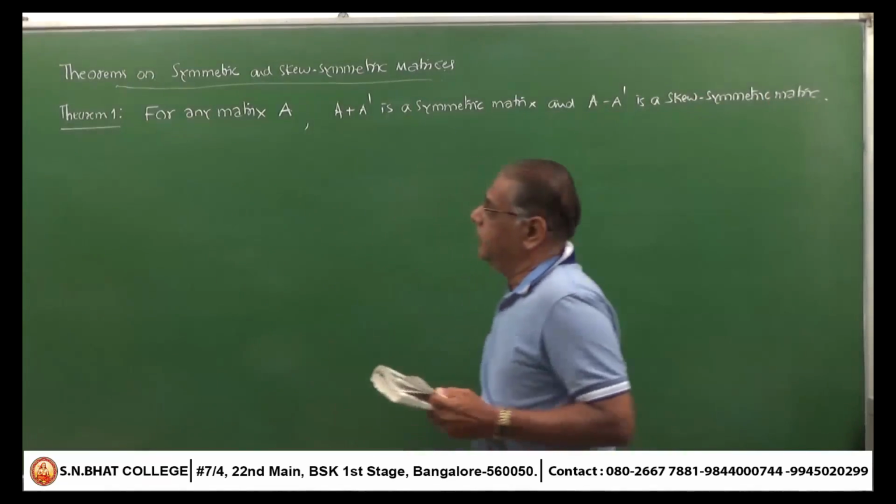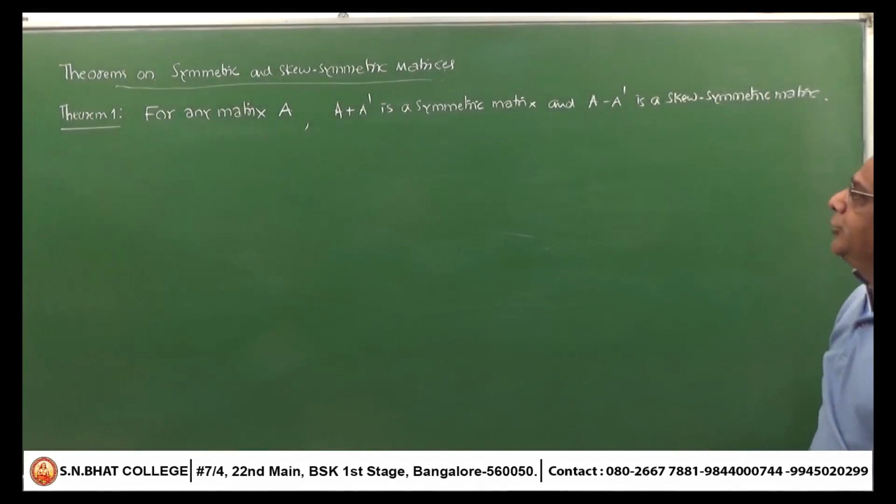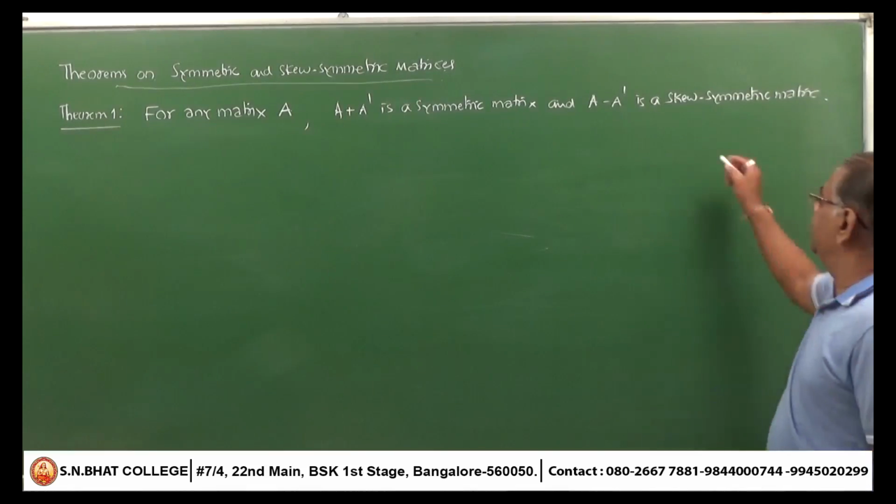This is the statement of theorem number 1. For any matrix A, show that A plus A transpose is a symmetric matrix and A minus A transpose is a skew symmetric matrix.